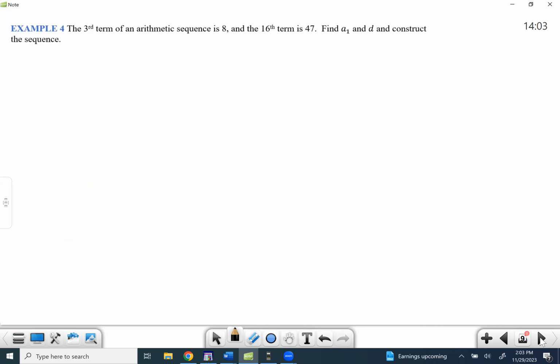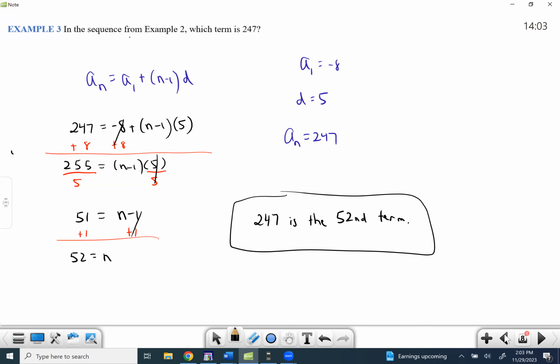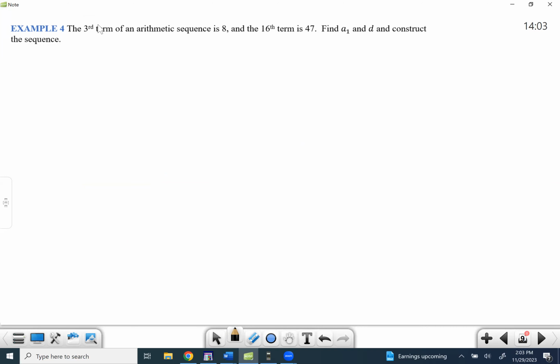All right. Now this one, I can tell that I'm not going to be using that first formula because that first formula depends on knowing a sub 1. In this example, they give us the third term. Okay, so let's say we just kind of draw out my sequence here. We know that the third term is 8, right?